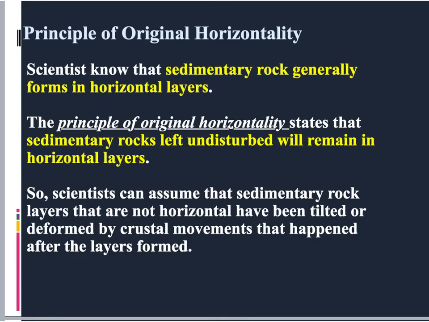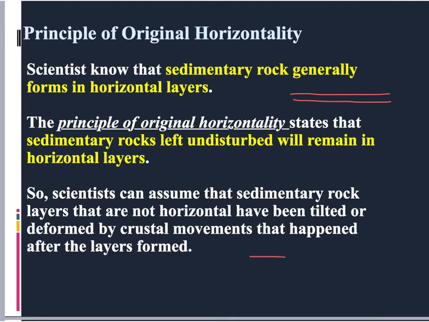So here's another idea. Scientists know that sedimentary rock generally forms in horizontal layers. So from east to west, left to right. The principle of original horizontality states that sedimentary rock layers left undisturbed will remain horizontal layers. So scientists can assume that sedimentary rock layers that are not horizontal must have been lifted or deformed by crustal movements that happened after the layers formed.